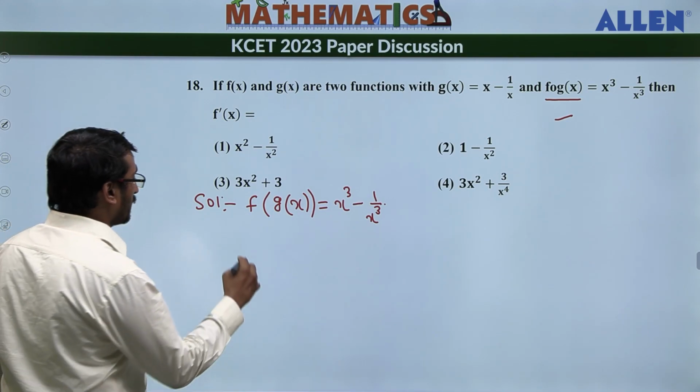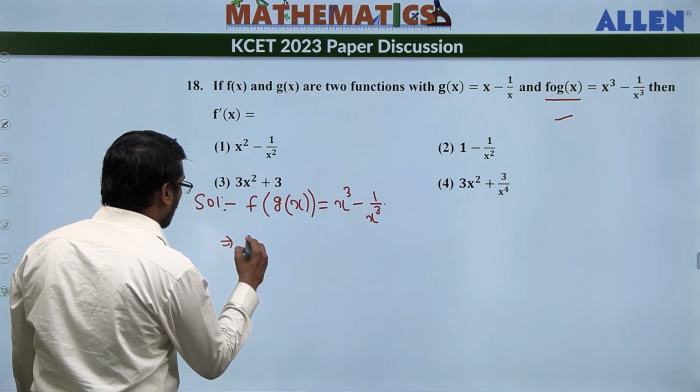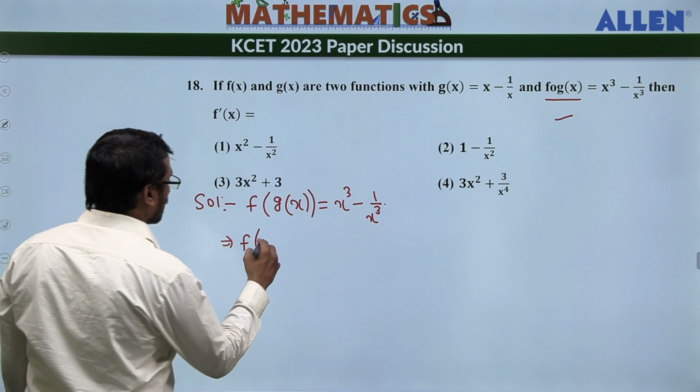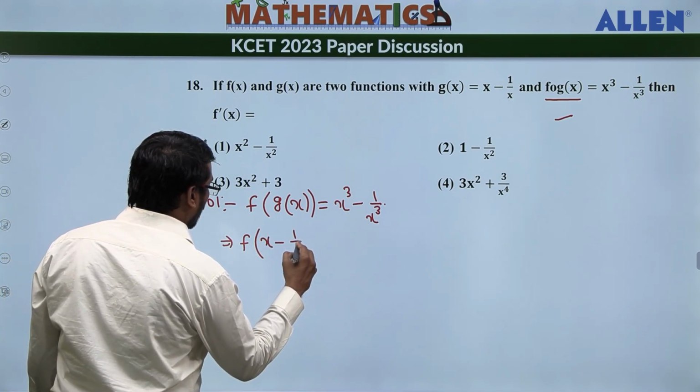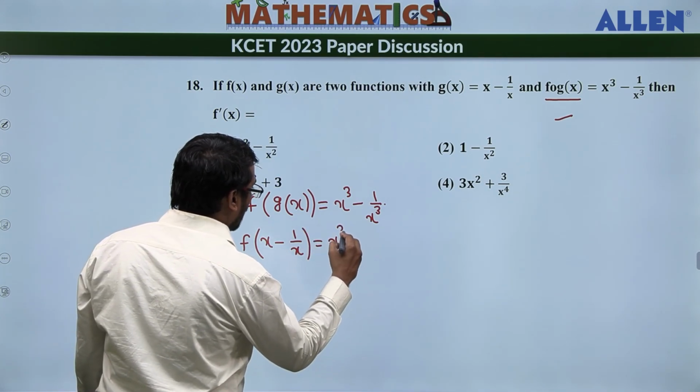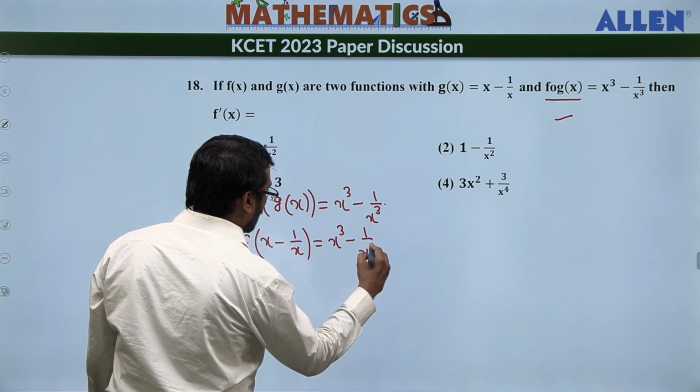So, g of x is given to be x minus 1 by x.